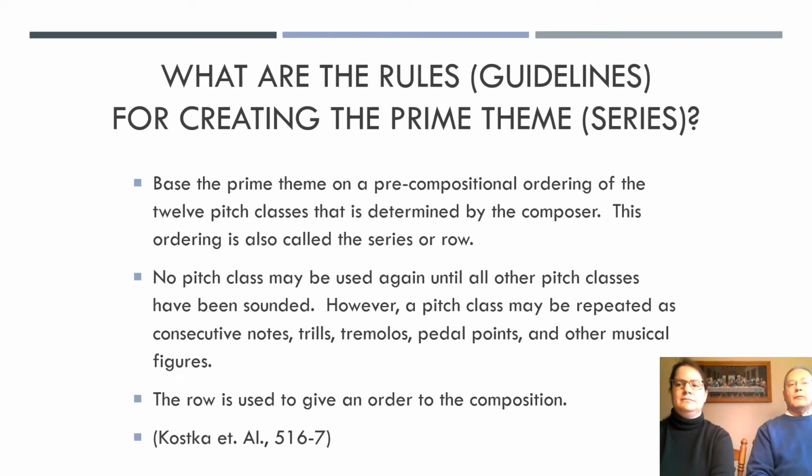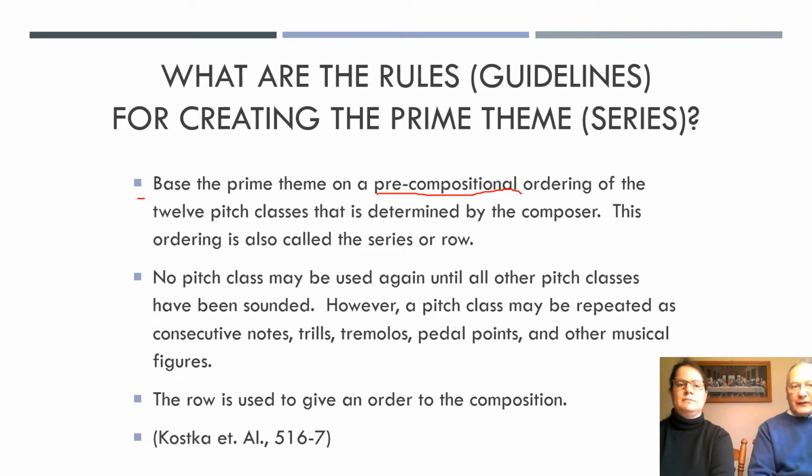Okay, what are the rules or guidelines for creating the prime theme or a series or a row, as the terms are used somewhat interchangeably? Base the prime theme on a pre-compositional ordering of the 12 pitch classes that is determined by the composer. This ordering is also called a series or row, which I alluded to.